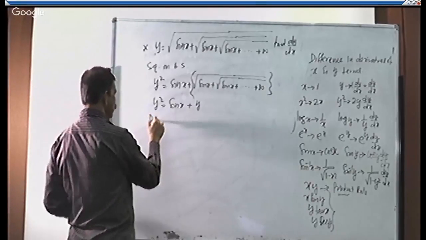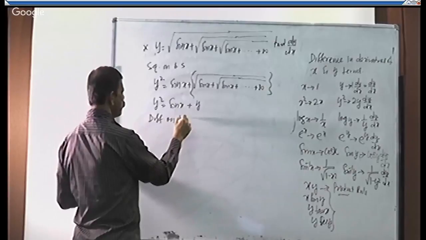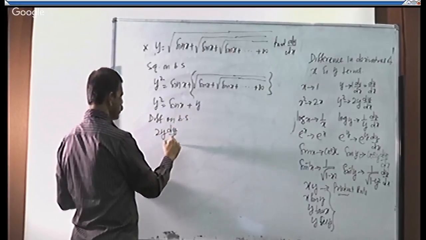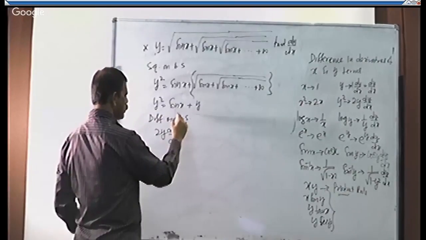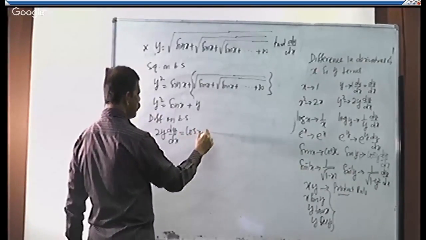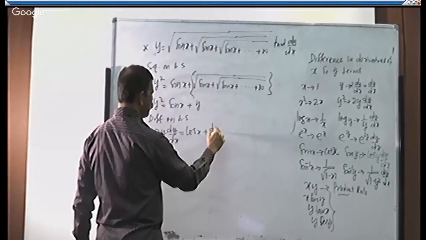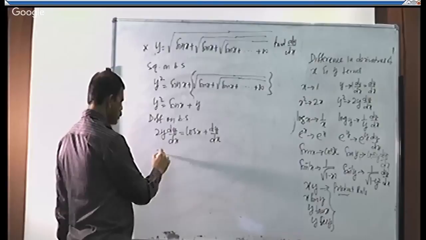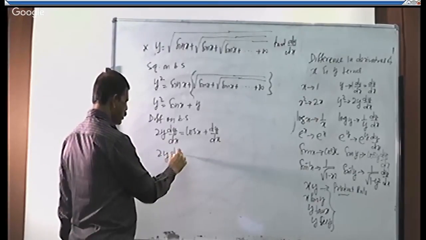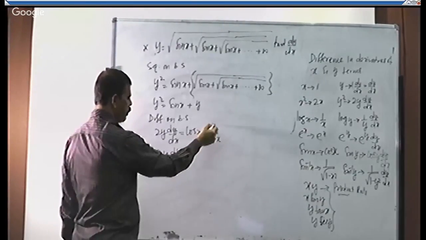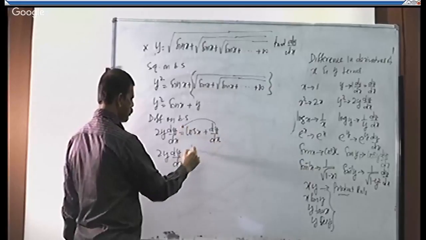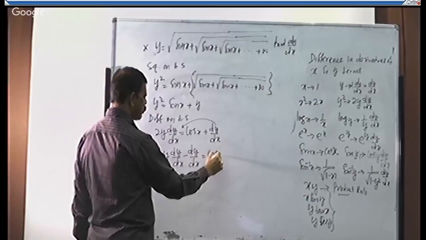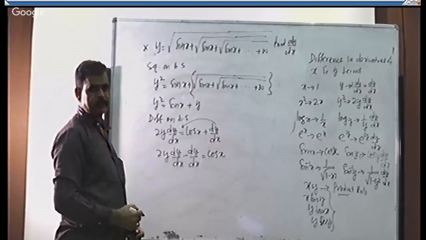Differentiate on both sides. For y square, it is 2y into dy by dx. For sin x, it is cos x. Plus for y, it is dy by dx. Take dy by dx terms together. 2y dy by dx, if the dy by dx term is taken to this side, it becomes minus dy by dx is equal to cos x.